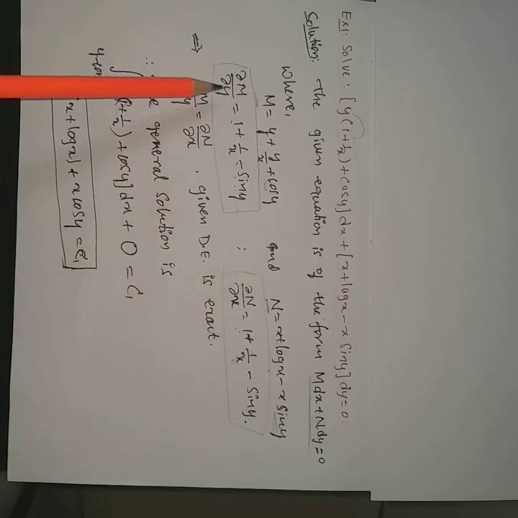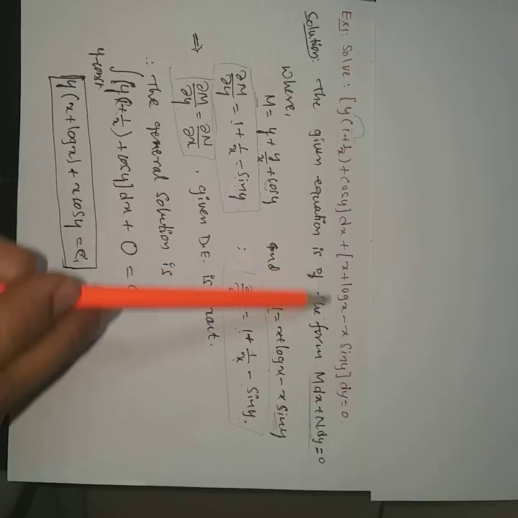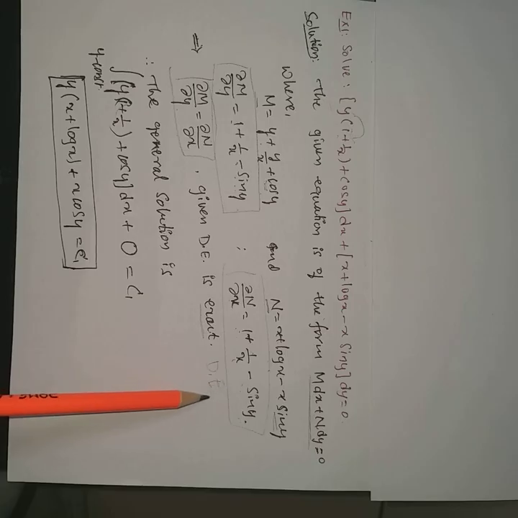So dou M by dou y is equal to dou N by dou x, which is the condition for exactness. So the condition for exactness is satisfied, and we can say this given differential equation is an exact differential equation.